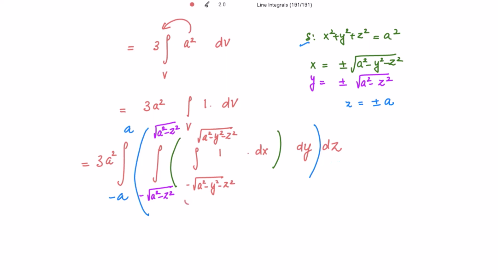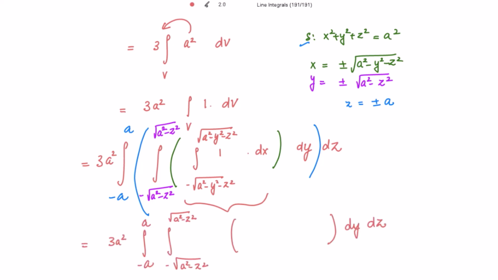So first we are going to evaluate this innermost integral, that has the limits of x. So this is equal to 3a square, and the integral of 1 is x with limits minus square root of a square minus y square minus z square and plus square root of a square minus y square minus z square.